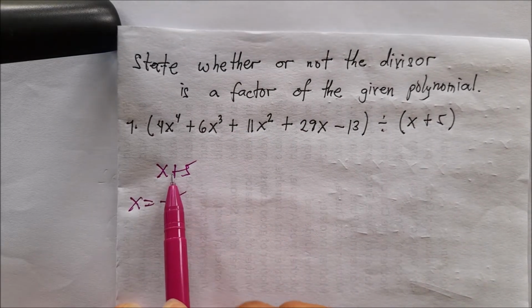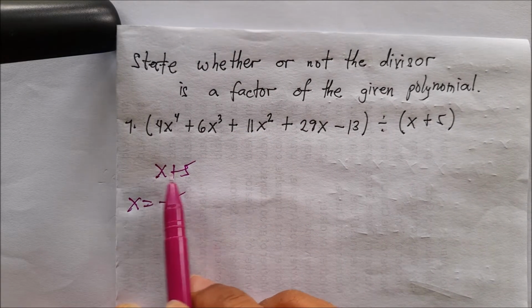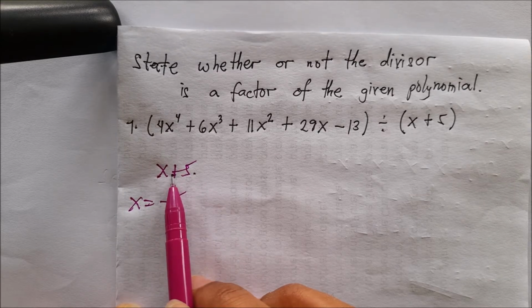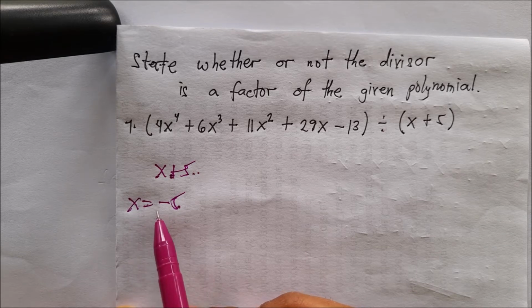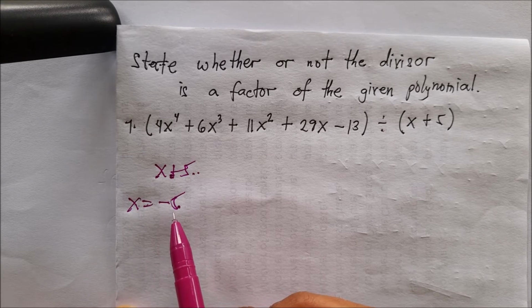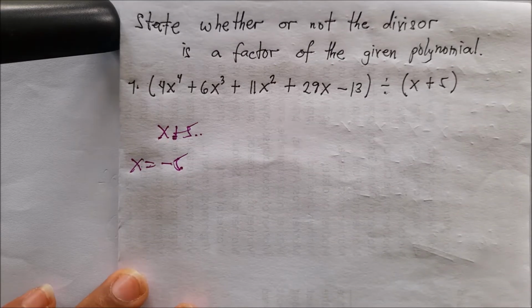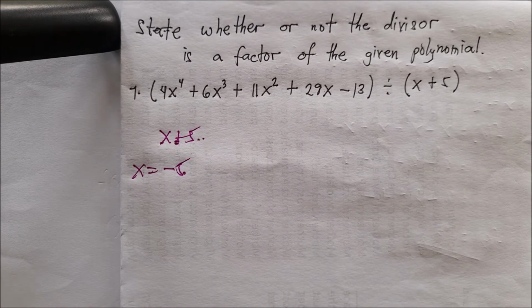Since the given is x plus 5, if you transpose the positive 5, it will change the sign of 5, so it will become negative 5. So first, you will identify the value of x. Then you can substitute it for the variable x.